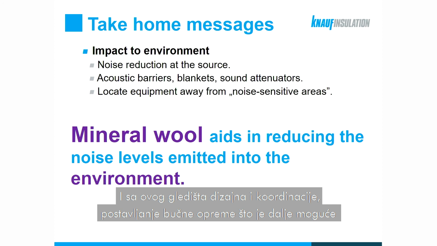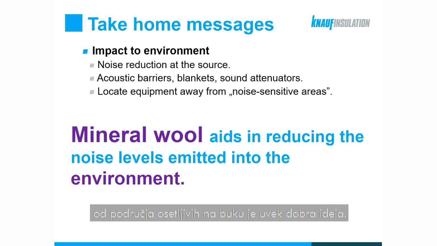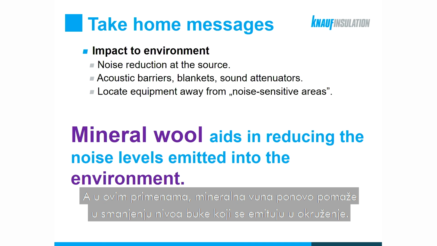And from the design and coordination point of view, locating the noisy equipment as far as possible from noise-sensitive areas is always a good choice. And in all these applications, it's again mineral wool that aids in reducing the noise levels emitted into the environment.